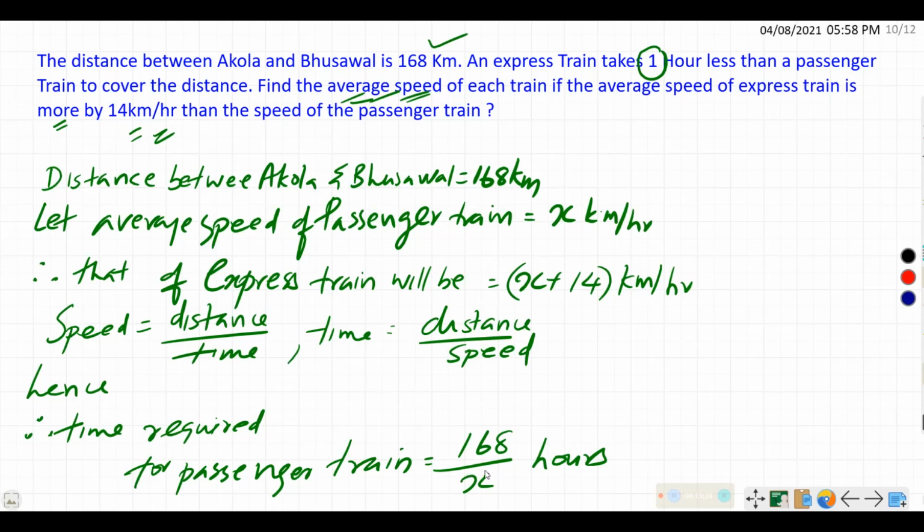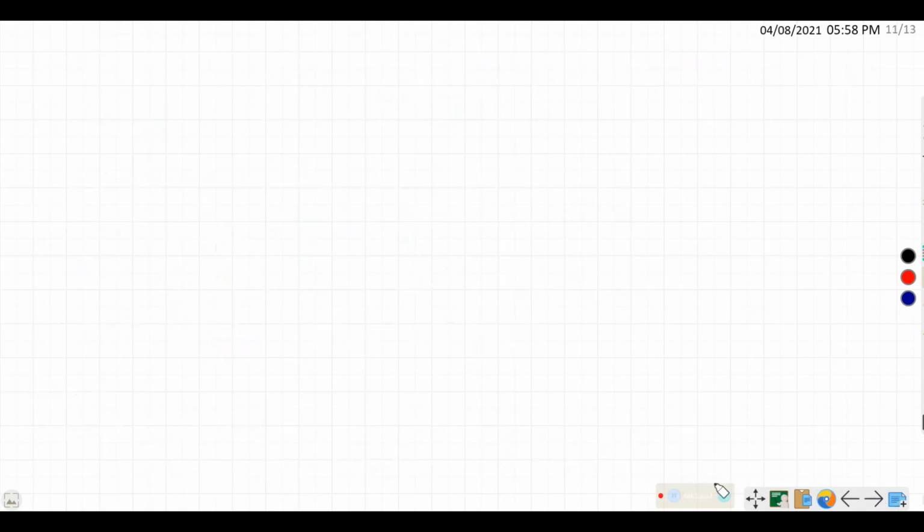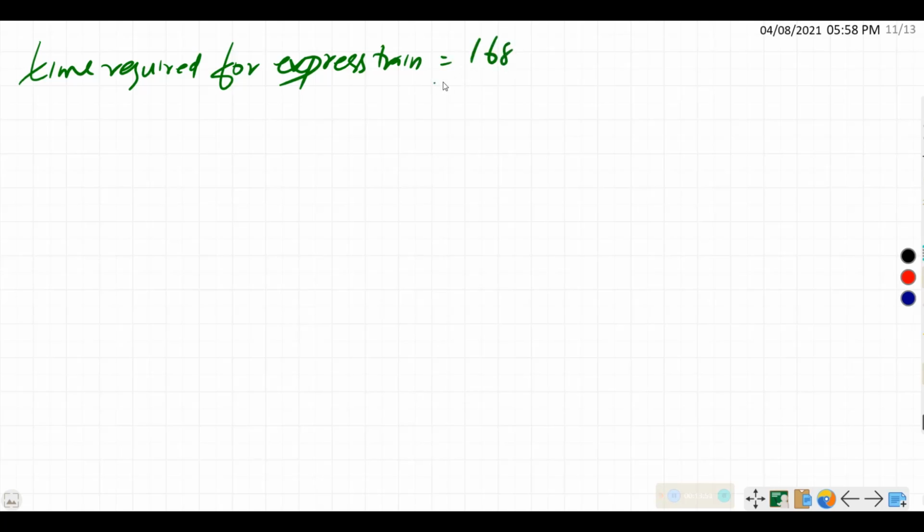Remember that we are calculating the time required and equating the time of both the passenger train and the express train now. And that of the express train, (168 km), the speed is x plus 14 km per hour.